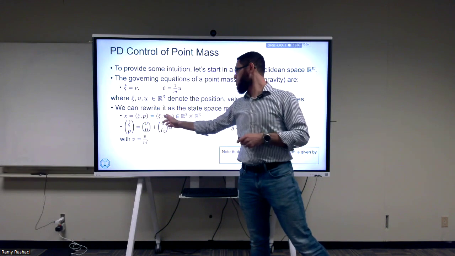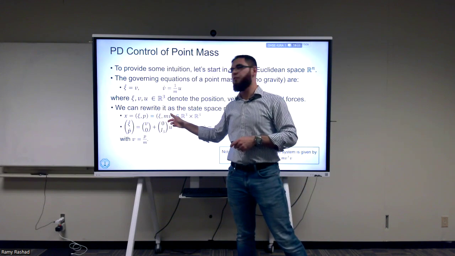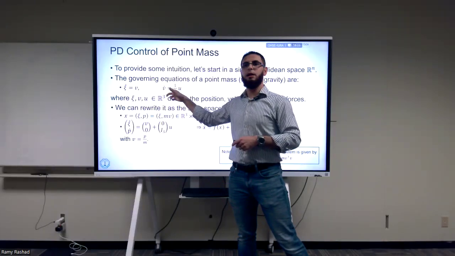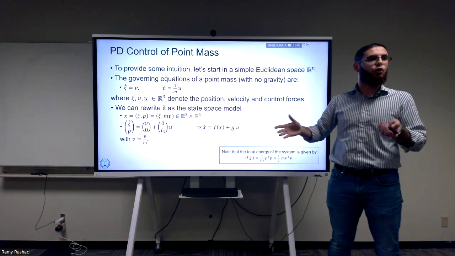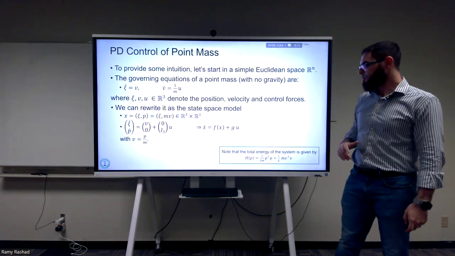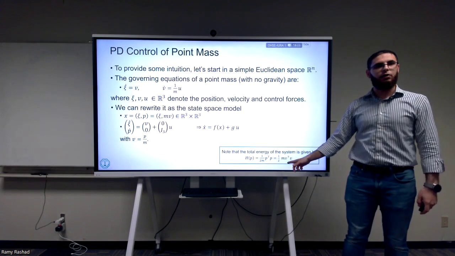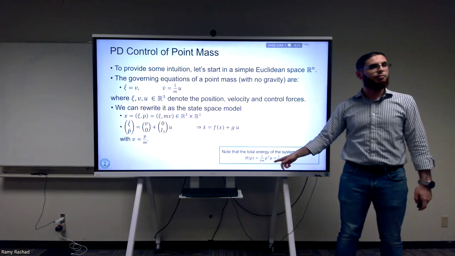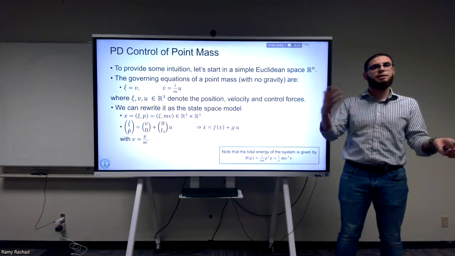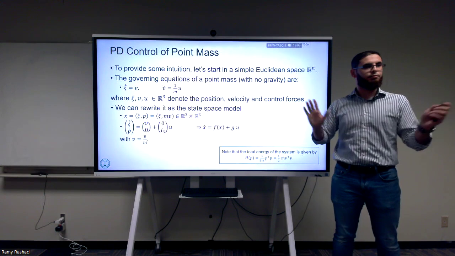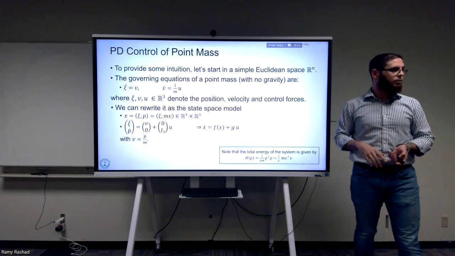M is a constant, so p dot is equivalent to m v dot. What is m v dot equal to? It is equal to u. So m v dot, the rate of change of momentum, is equal to forces, Newton's second law. So the half m v transpose v, I can rewrite as 1 over 2m p transpose p. This is just the kinetic energy in terms of the momentum instead of the velocity. Easy? There are cases where the mass of the robots can change, for example.